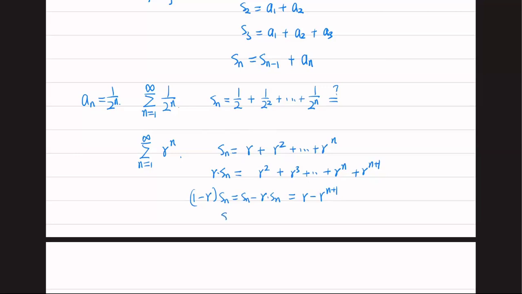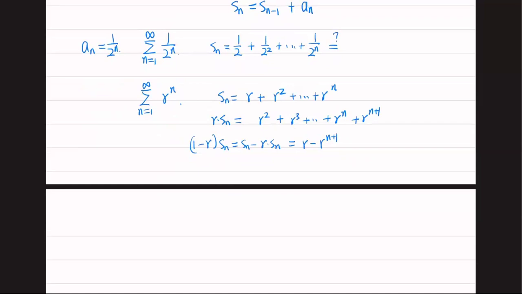So we have a formula for the partial sum when r is not 1. Then we apply it to the previous case when r is 1/2.